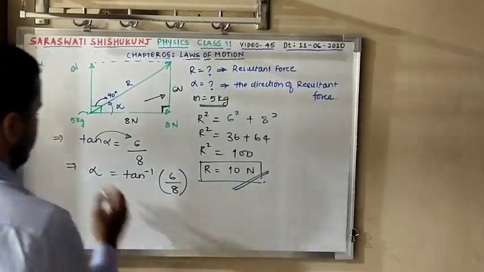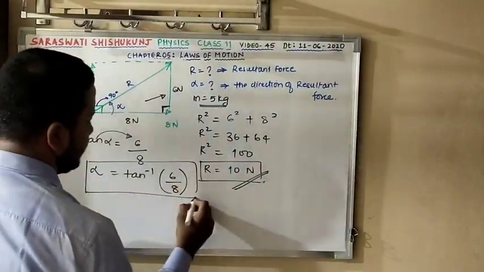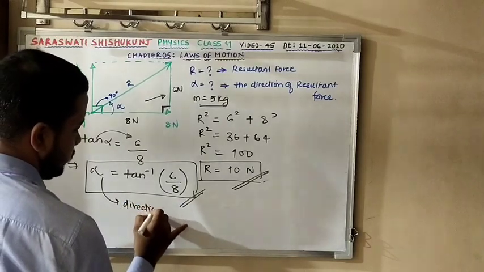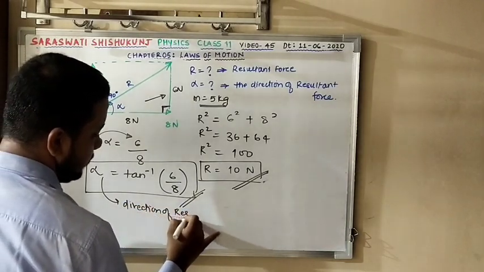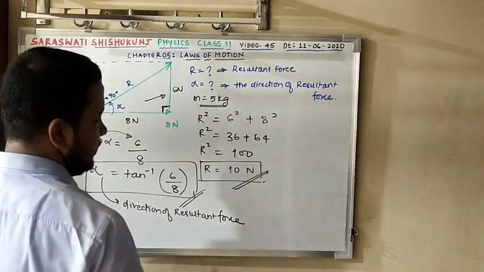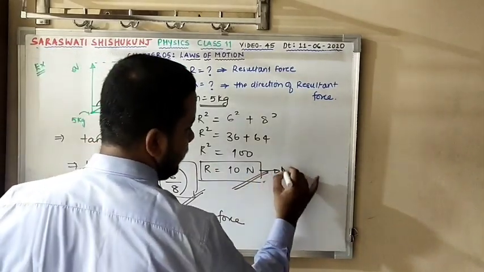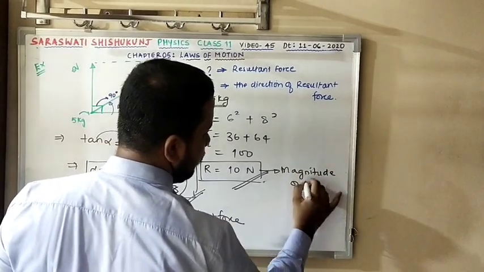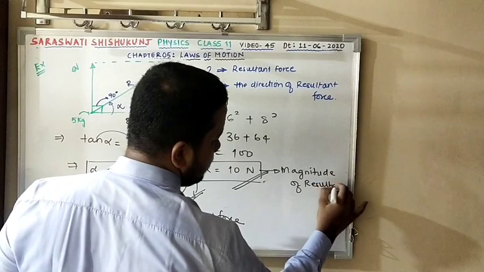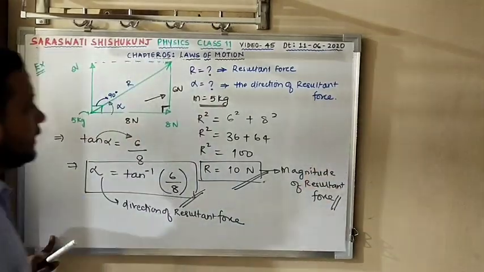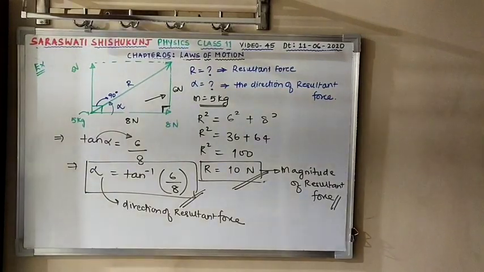This is your answer, and this alpha gives you the direction of the resultant force. And this 10 Newton is the magnitude of the resultant force. Clear perfectly? No need to calculate further for alpha. You have to stop over here.